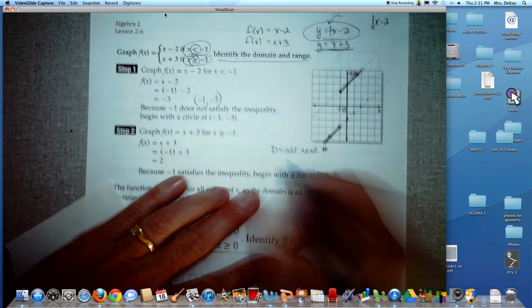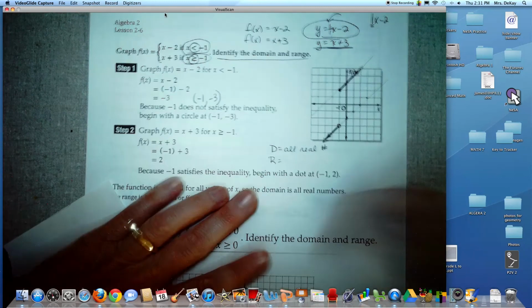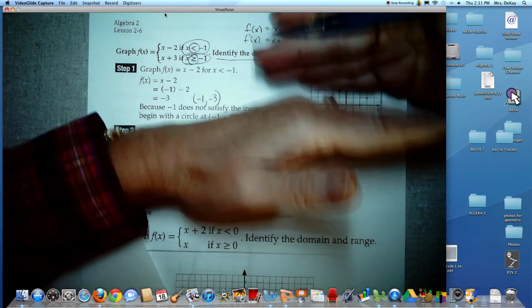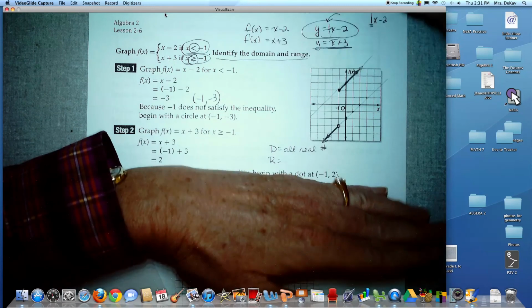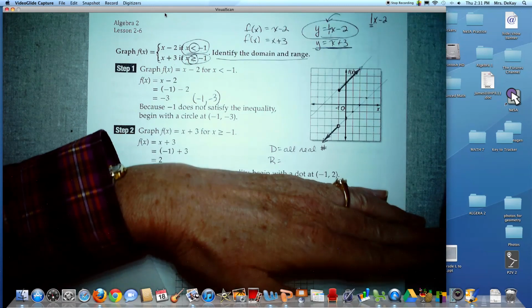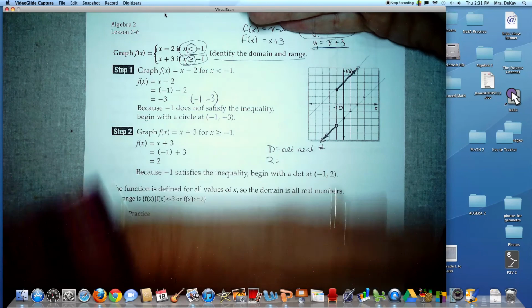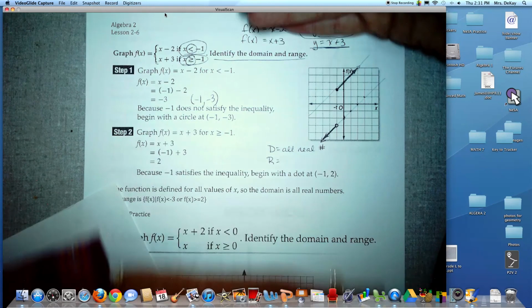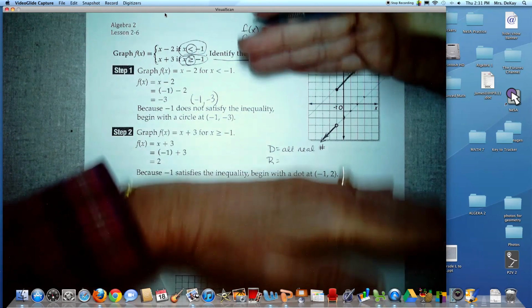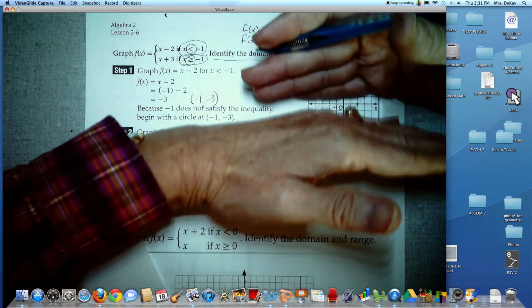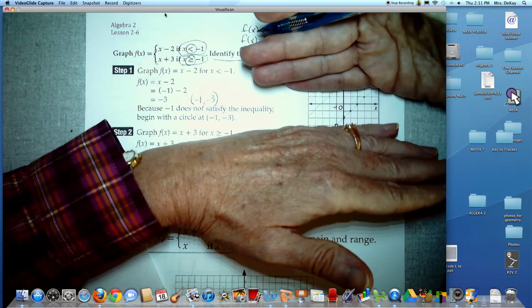What about our range? Our range is the tallness of the graph. All real numbers. Is it infinitely tall? Yeah. Is it infinitely below? Yeah. Is there a gap in between where no graph exists? Yes, there is a gap in here where no graph is existing.